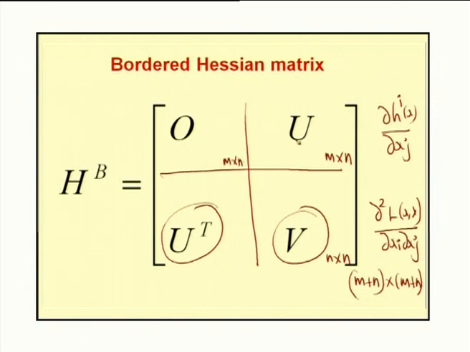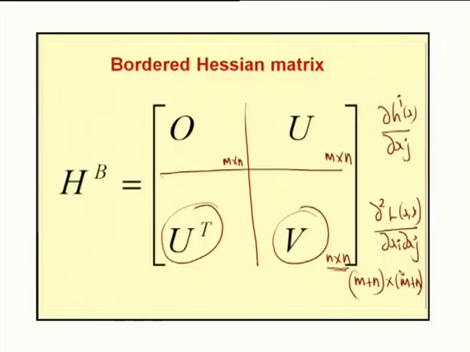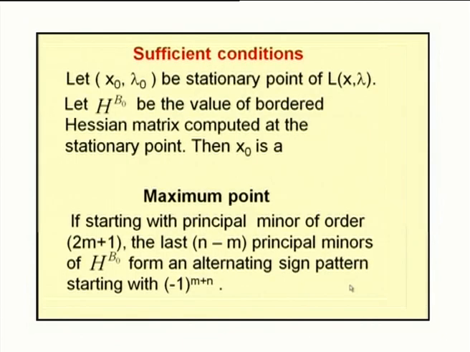The second block U is the partial derivative of the constraints with respect to the decision variables, which is of order m cross n. The third block is U transpose, which is the transpose of the matrix U. The fourth block is the V matrix of order n cross n. V is the second order partial derivative of the Lagrangian function with respect to ∂x_i ∂x_j.